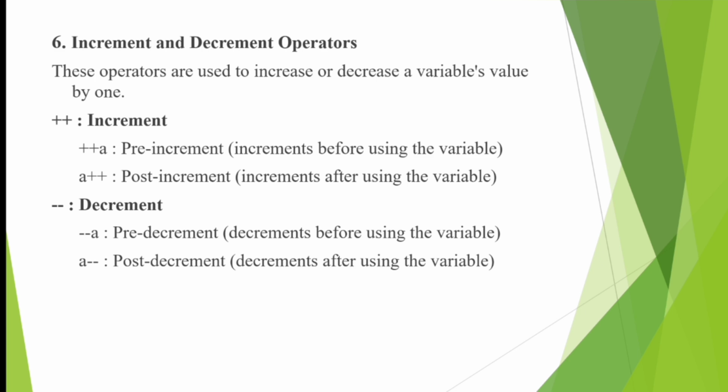Post-increment increments after using the variable. And next is decrement. Here also we have two types of decrement, pre-decrement and post-decrement. Pre-decrement means it will decrement before using the variable. Post-decrement means it decrements after using the variable.